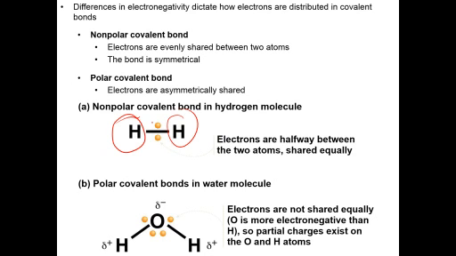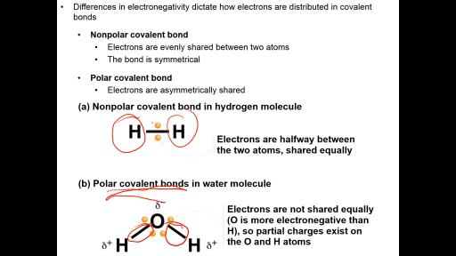But water, for instance, this chemical bond and this chemical bond is a polar covalent bond. It's a covalent bond because it involves the sharing of electrons, but it is polar because there's a polarity.